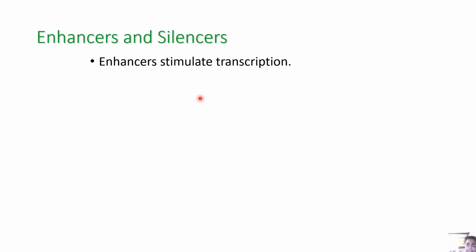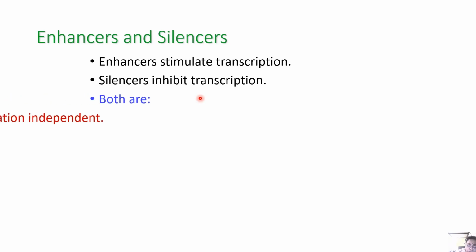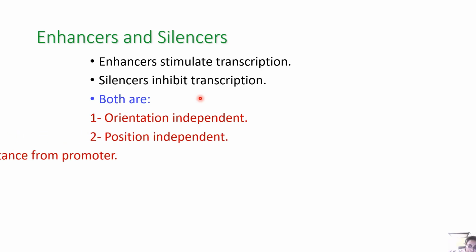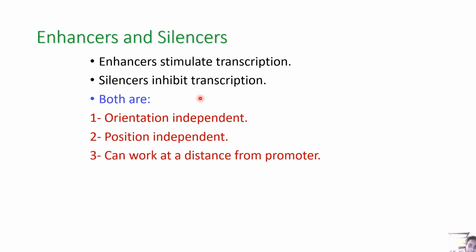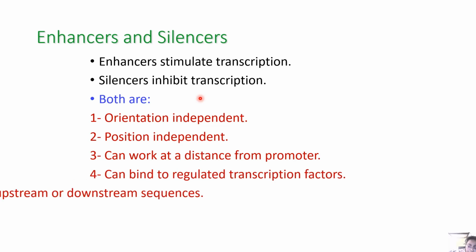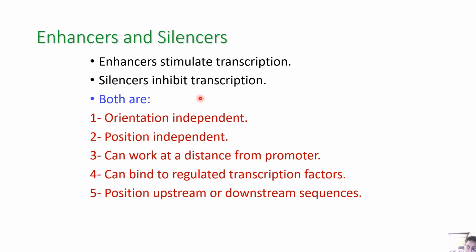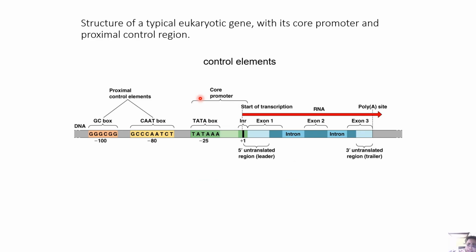Now, what are enhancers and silencers? Enhancers stimulate transcription, silencers inhibit transcription, and both are orientation independent. Position independent, can work at a distance from the promoter, can bind to regulated transcription factors, positioned upstream or downstream. They are found in certain genes.